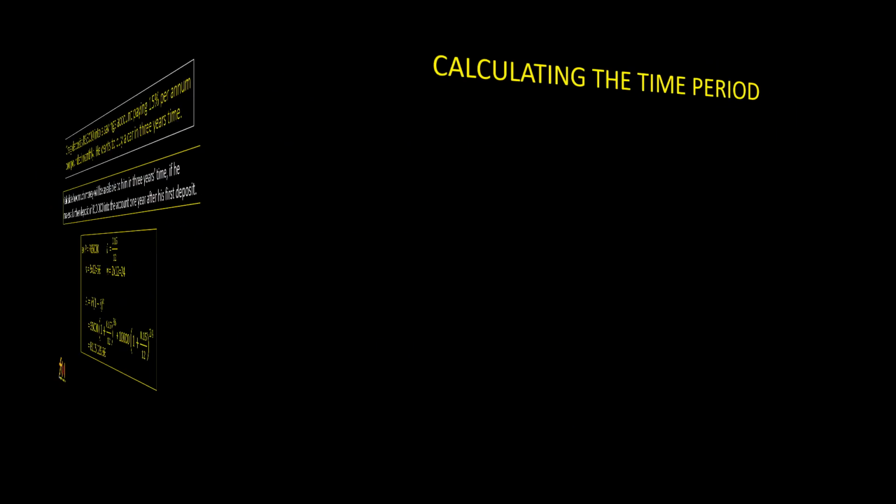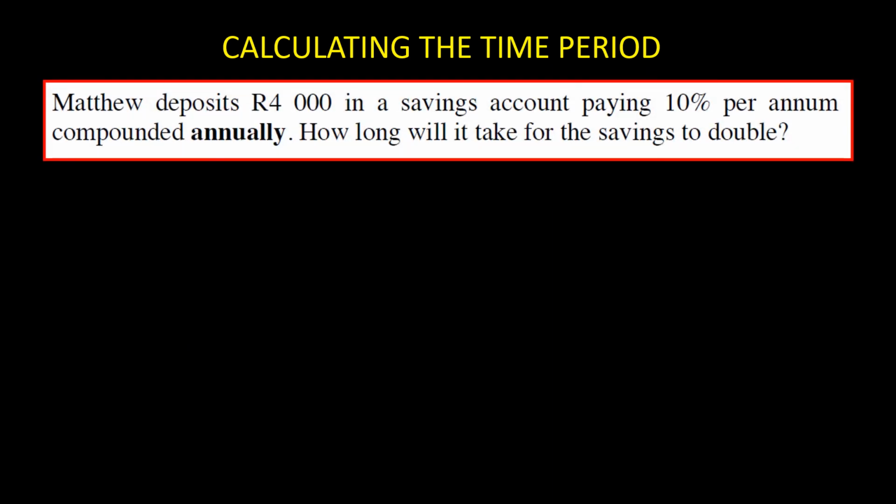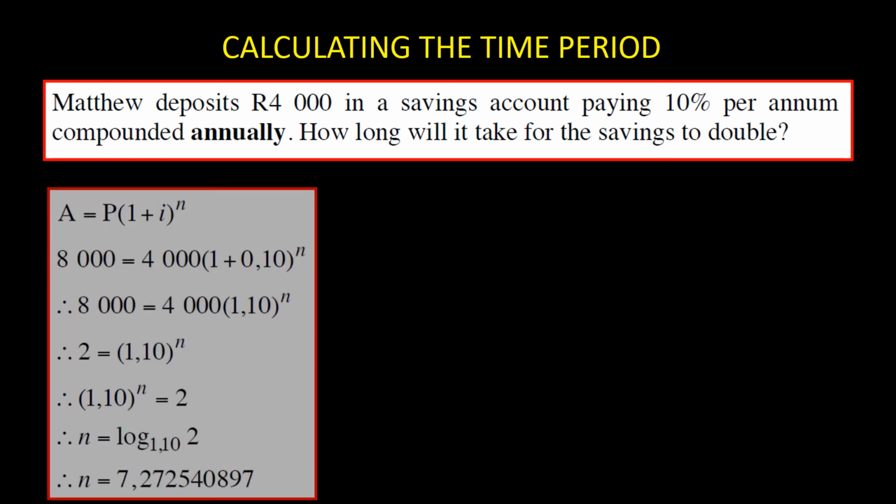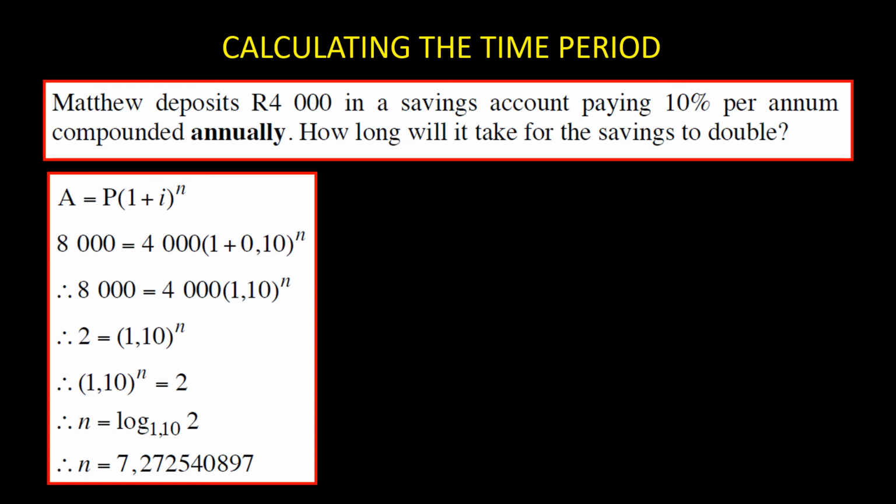Calculating the time period, depositing 4,000, 10% compounded annually. How long? So we are going to solve for the time. Okay, value of n. You simplify the equation. You need a little bit of application of log here. n is equal to log base 1,10 of 2, or you can do logarithm of 2 divided by logarithm of 1,10.